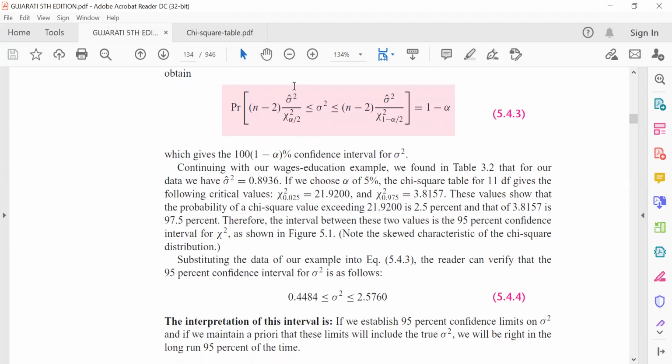Okay, we have sigma square is 0.8936, and we have this 11 here times 0.8936 over 21.92.